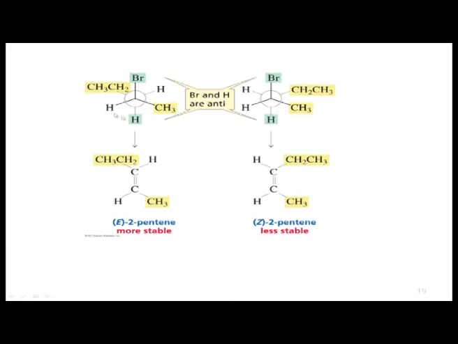That is also less energetic than methyl ethyl eclipsing. So, in that case this will have a lower activation energy, and this will be the major product that is obtained.